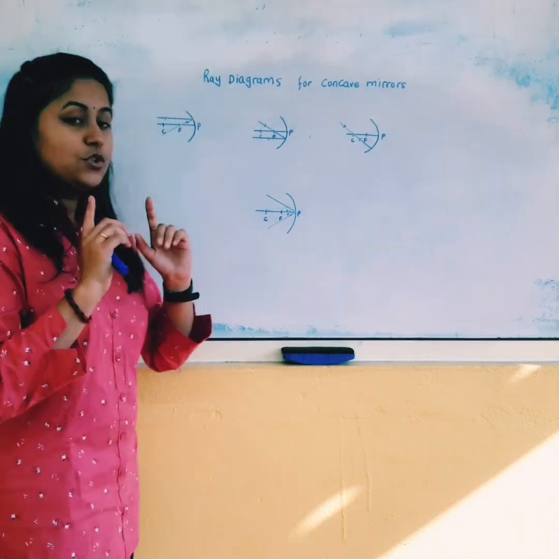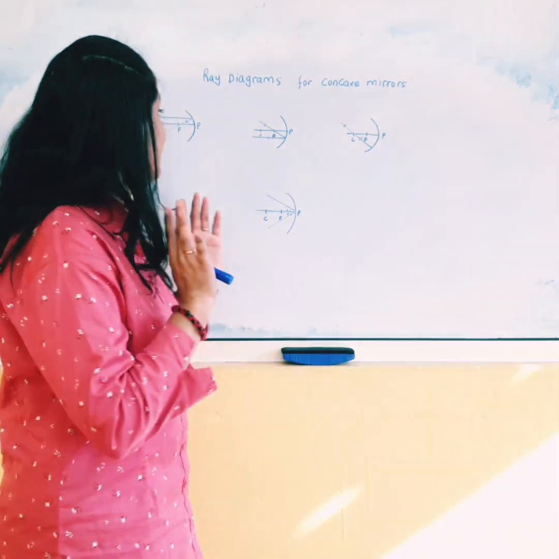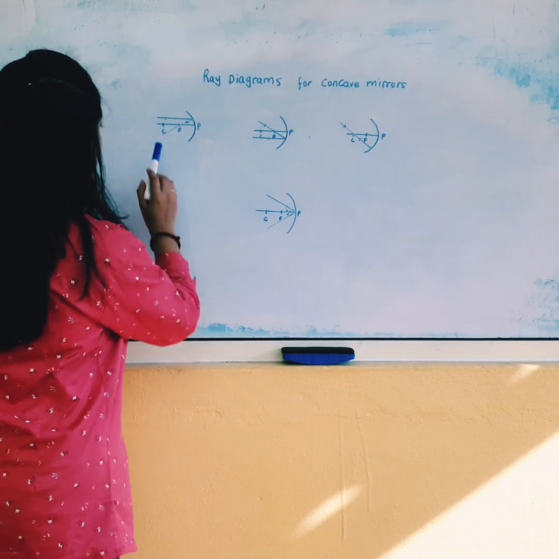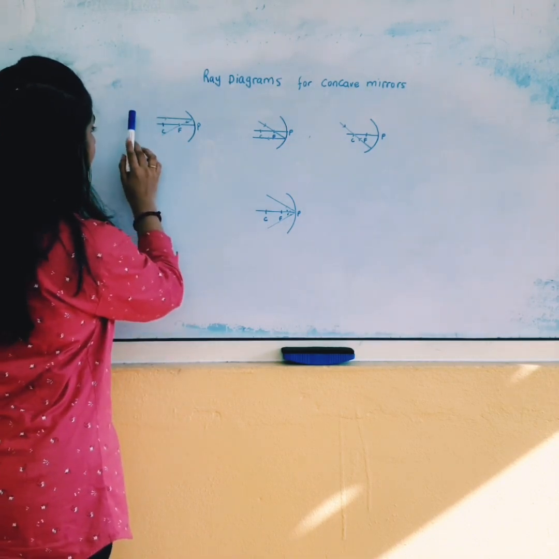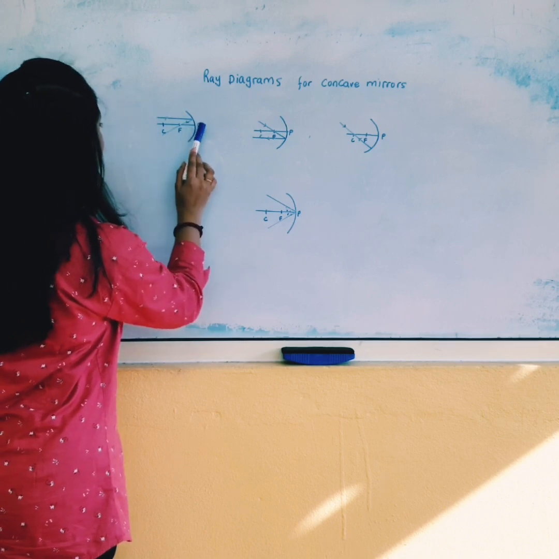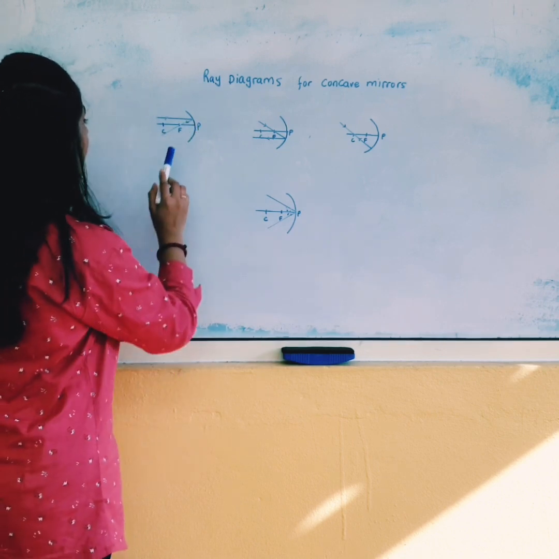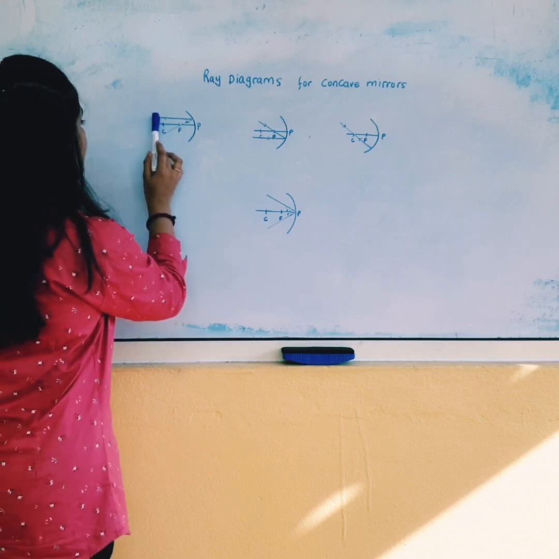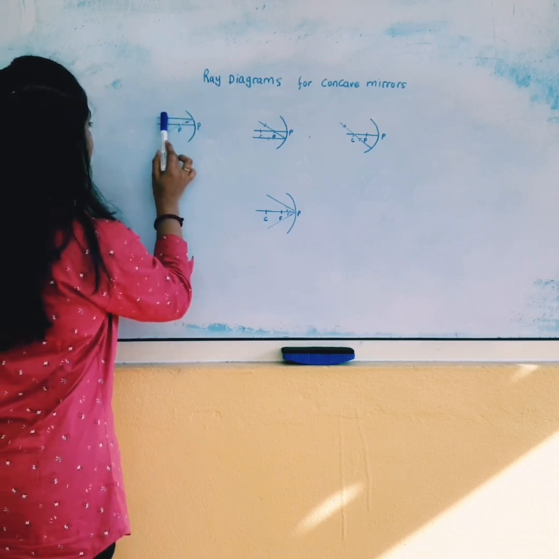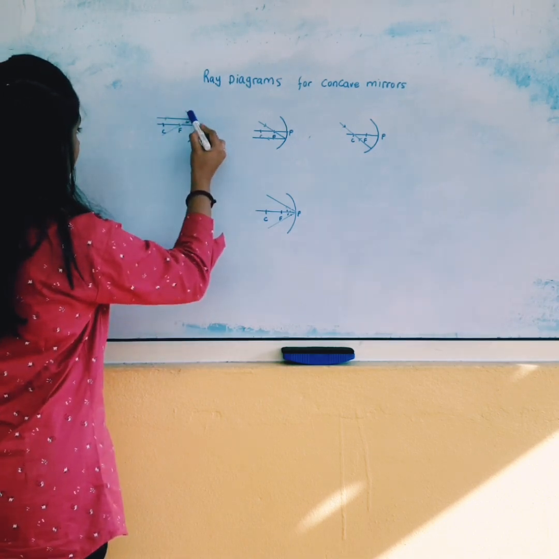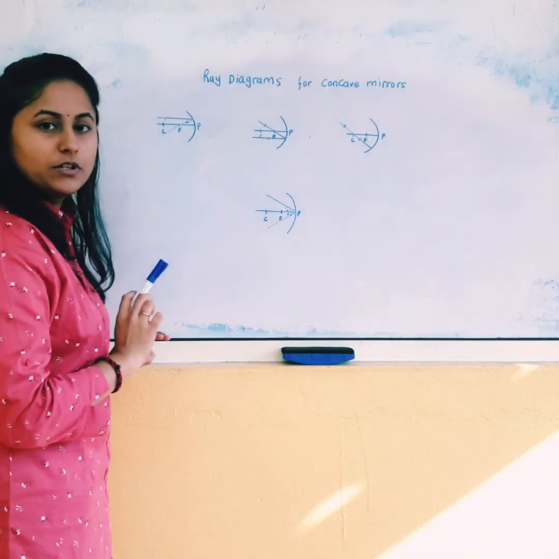In the first case, suppose this is the object here. The incident ray will be parallel to the principal axis. The principal axis is this, PC. So this incident ray is parallel to the principal axis, and after reflection it will pass through the principal focus.